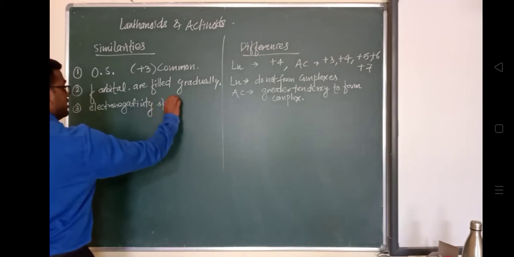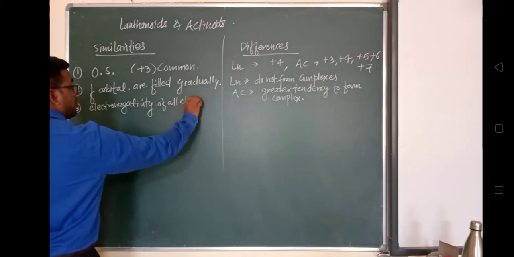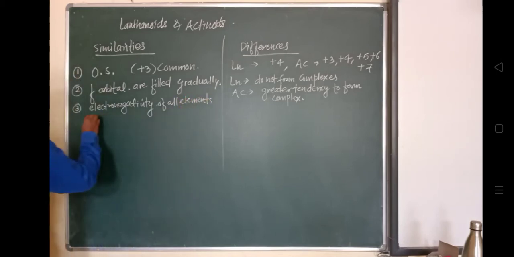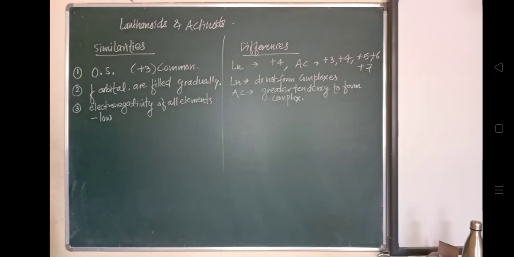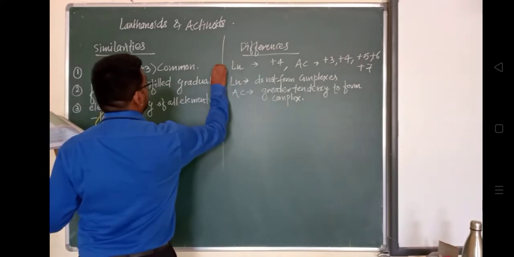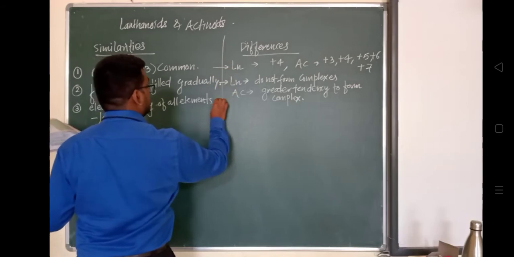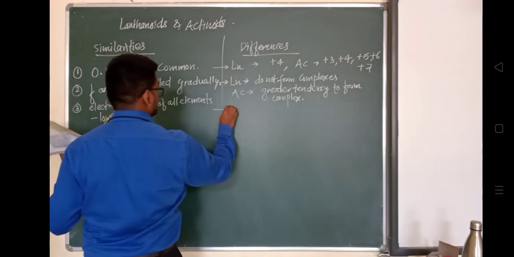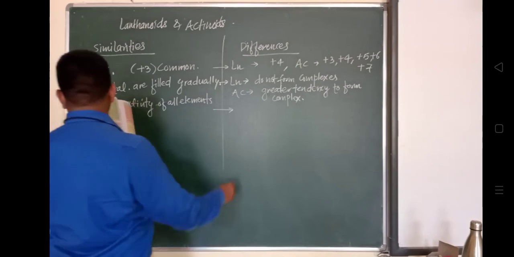What are the differences now? Lanthanoids do not form oxocations. I have written Ln for lanthanoids, which you have to remember, and I have used AC for actinoids, to avoid writing actinoids and lanthanoids every time.